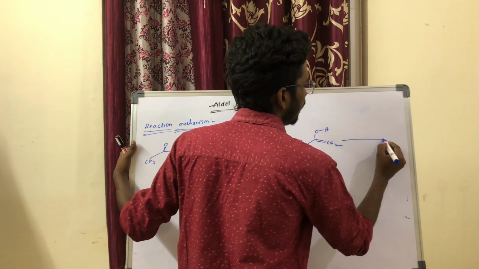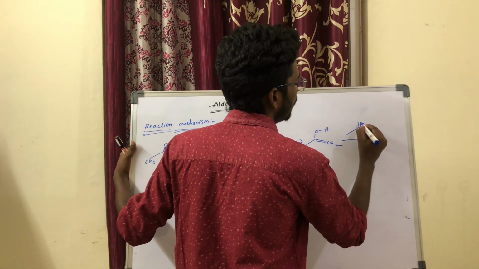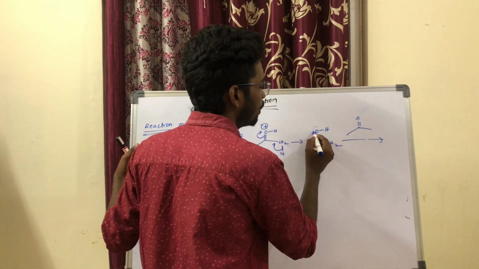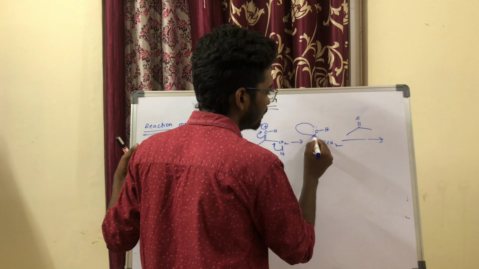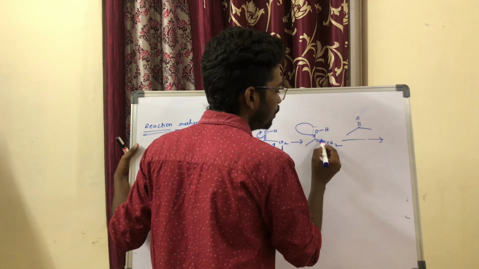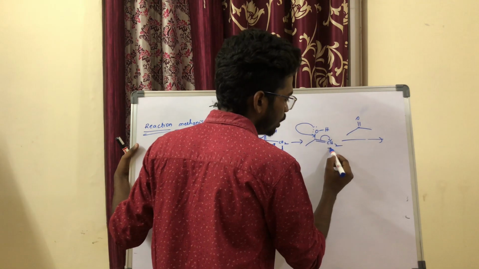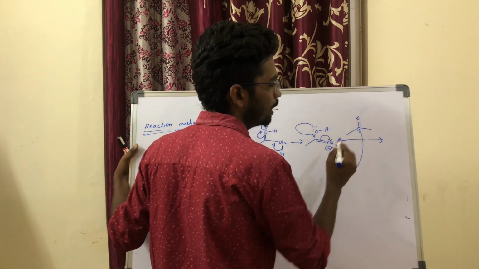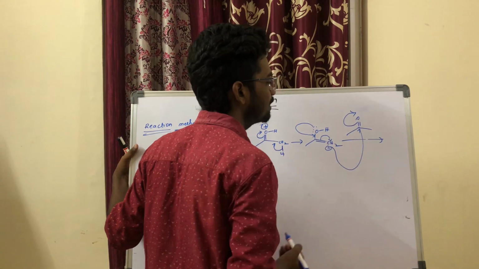So again, it is going to be treated with one more carbonyl compound. See here, oxygen containing a lone pair of electrons, right? This lone pair of electrons is migrated towards this one, and this bond is migrated here. Here you will get a negative charge. This negative charge is going to attack this electrophilic center, and this bond is migrated towards the oxygen.